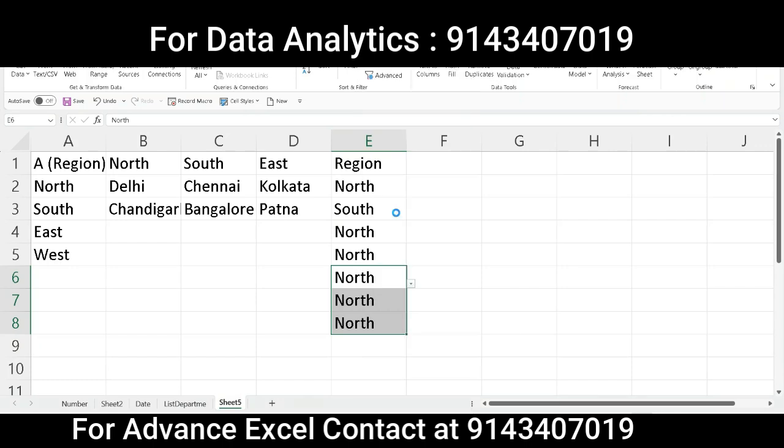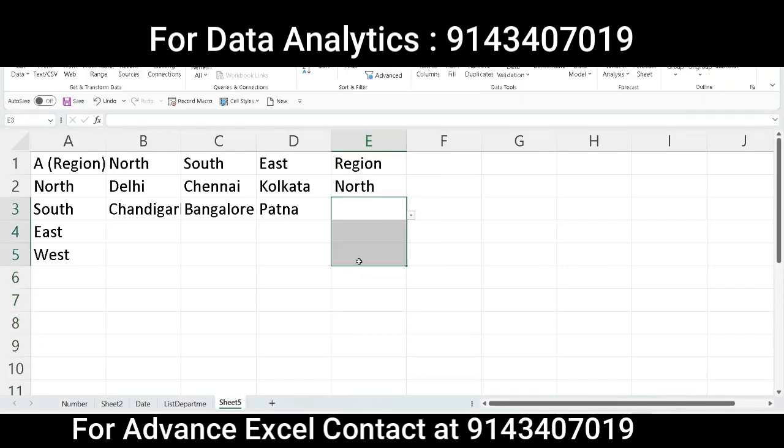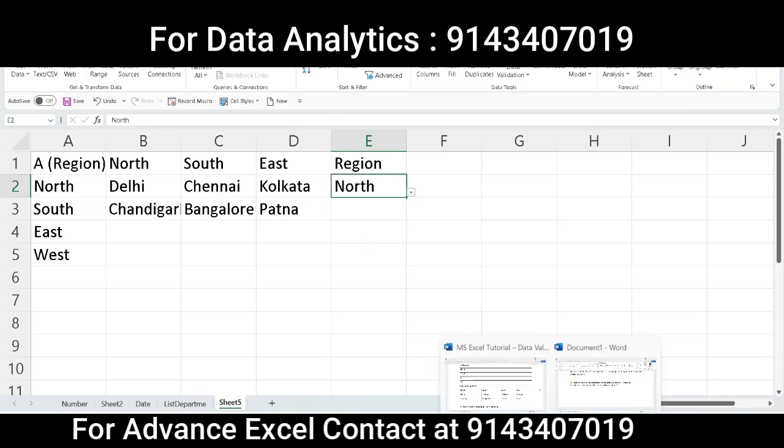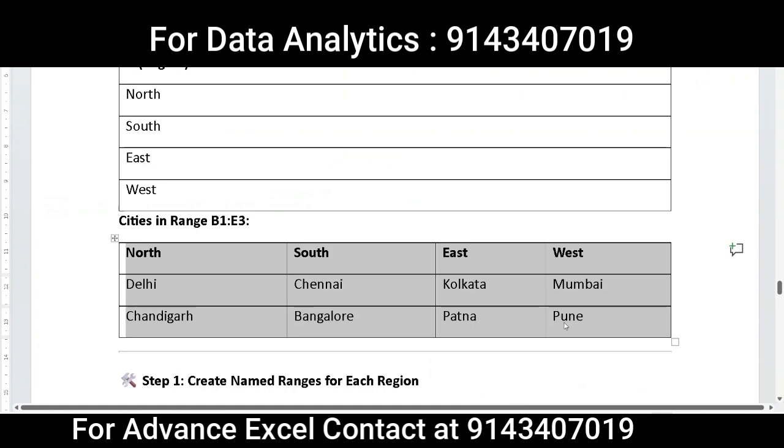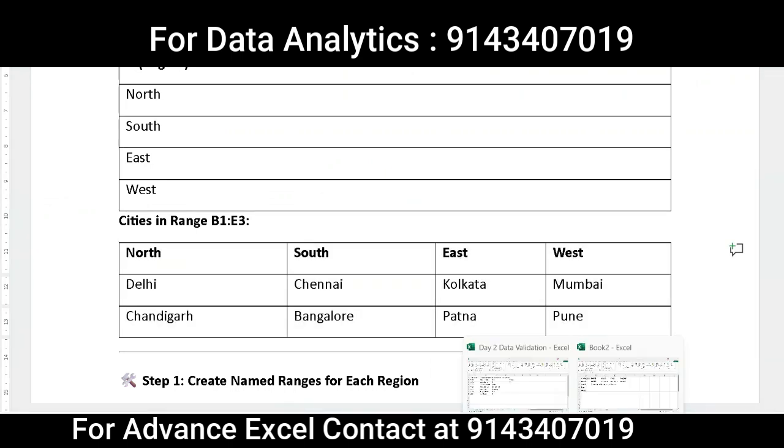I just delete this one. Now I'll delete all this. See, what are the things in the north here? North here you can see Delhi, Chandigarh. Okay, it's one thing I missed here. That north, west, north.